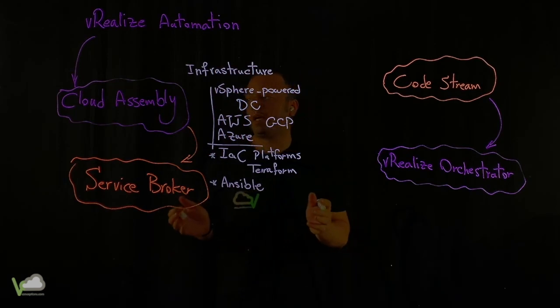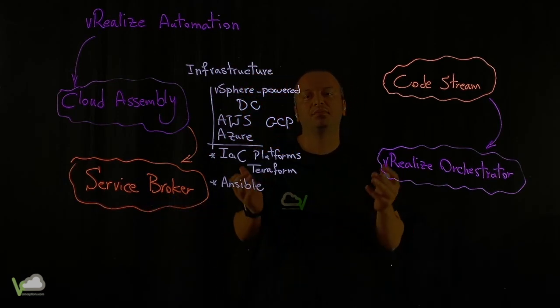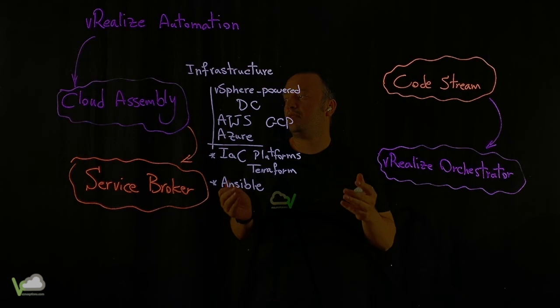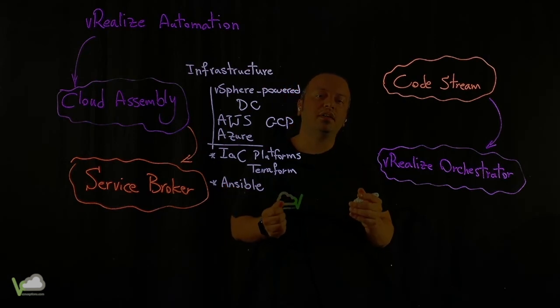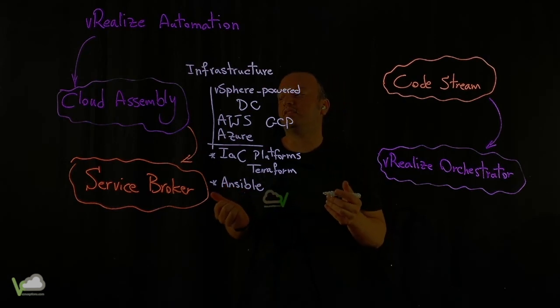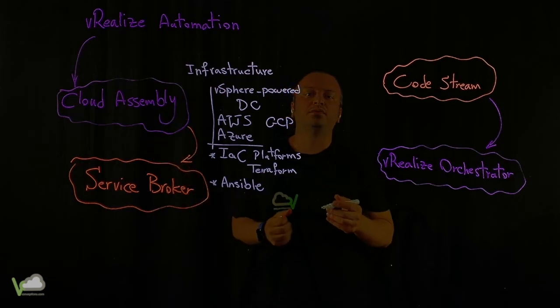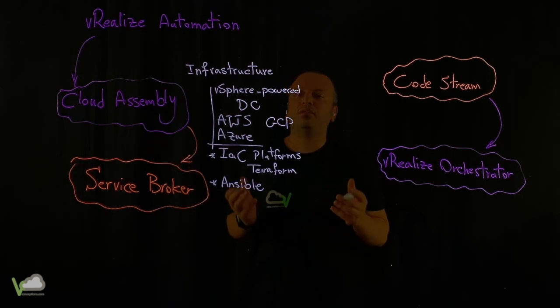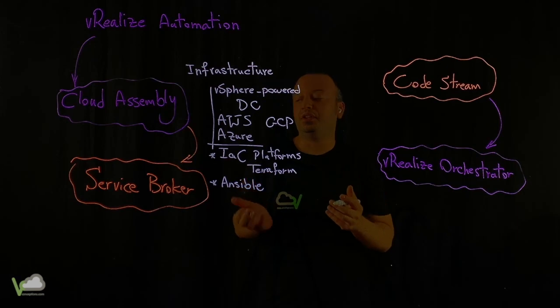So just to wrap up, Cloud Assembly is one of the main components of VRA, and it acts as its name represents. You have all the resources configured here.